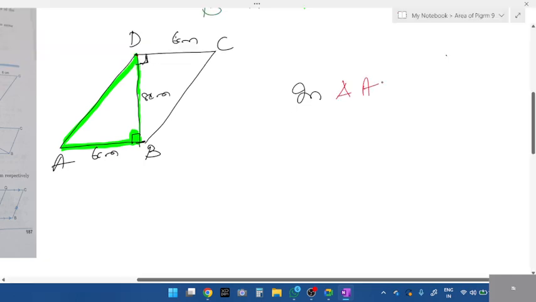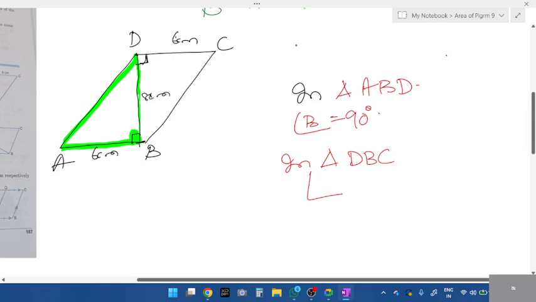In triangle ABD, what is angle B? Angle B is 90 degrees. Next, which is the next triangle? DBC. You can't write angle D, students.